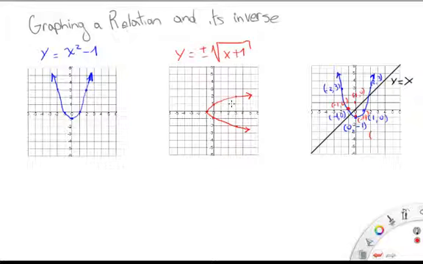Then I have 3 and 2. And 3 and negative 2. So connecting the dots here, I'm going to have something like this.